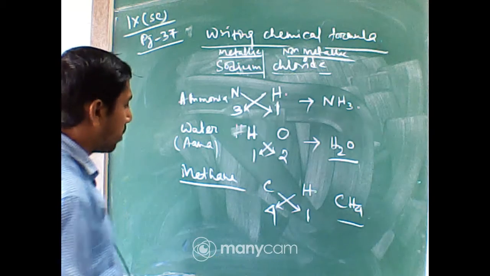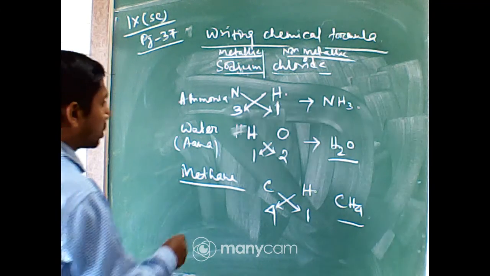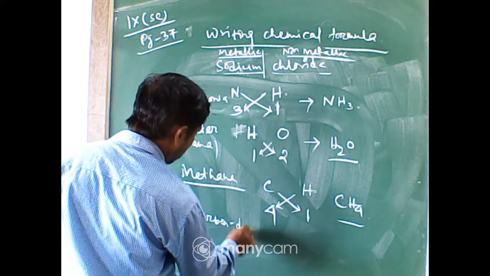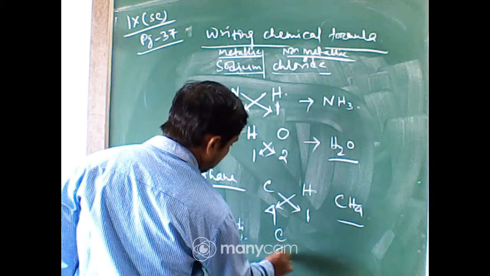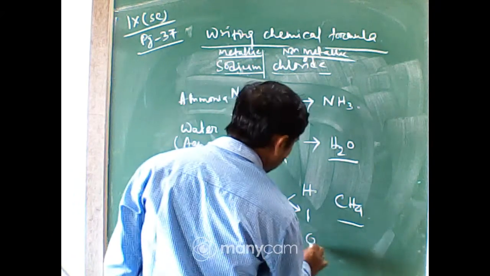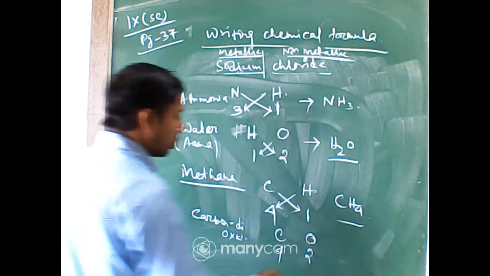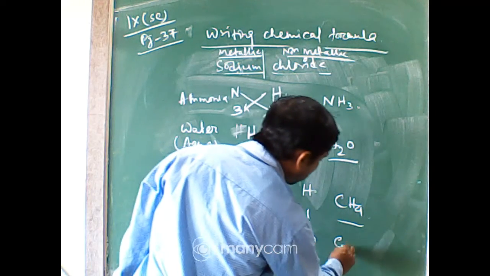Another example, that is carbon dioxide. Carbon, its valency is 4, oxygen, its valency is 2. Okay. So, the formula, cross multiplied, will be C2O4.